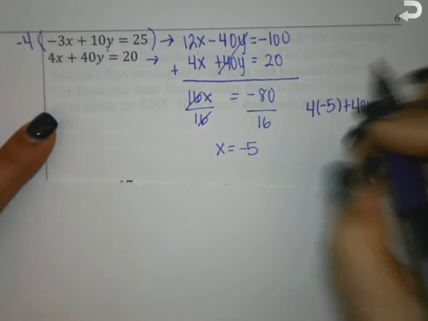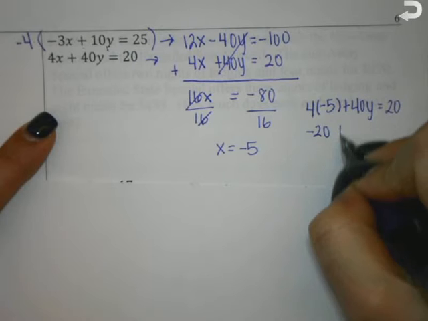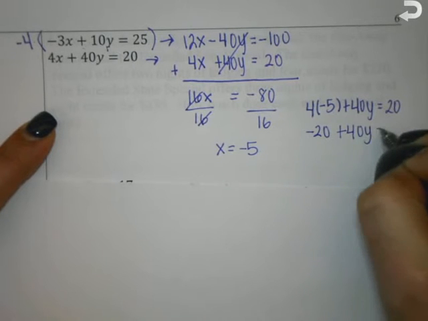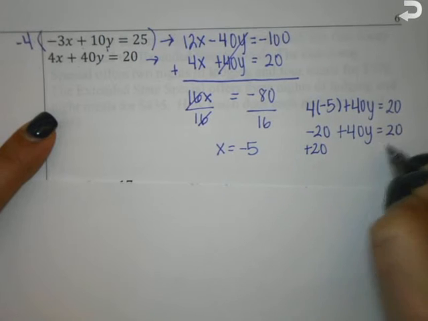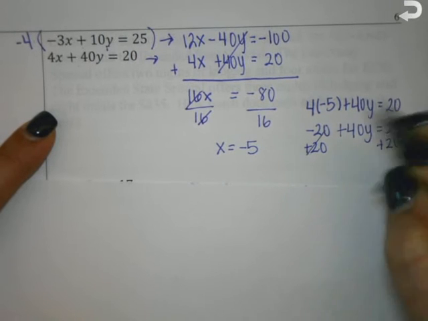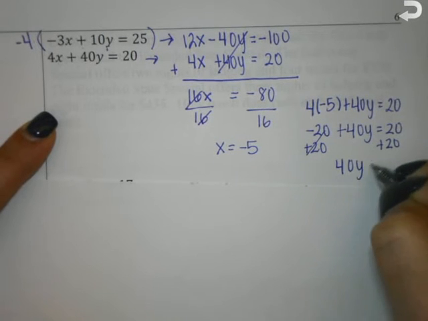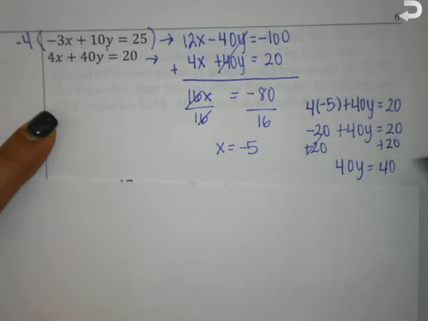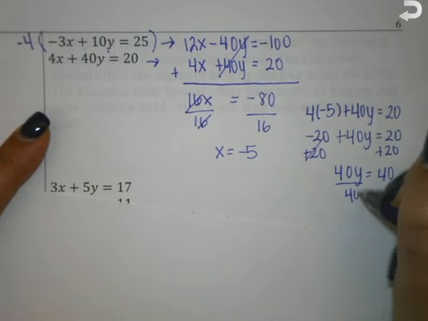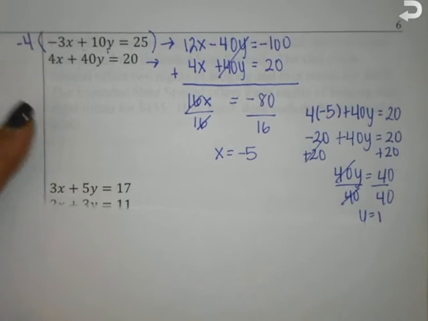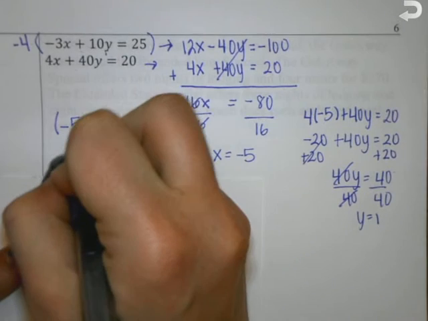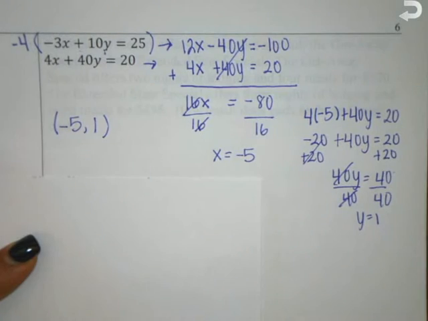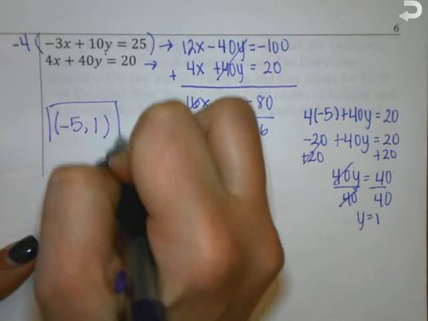So that's negative 20 plus 40y equals 20. Add 20 to both sides. And that gives me 40y equals 40. So y equals what? 1. This is a lot easier than the other one. So, guys, how would you write your answer? Negative 5, comma, 1. Make sure you put the parentheses around it because that tells me that it's a point on a line.